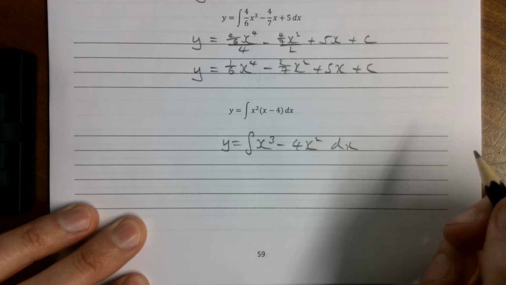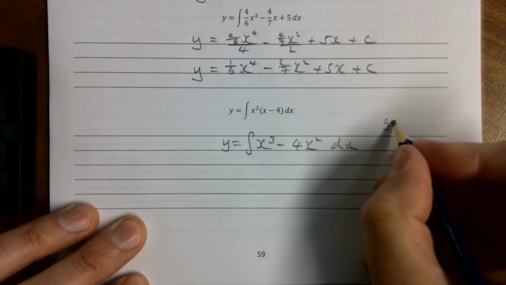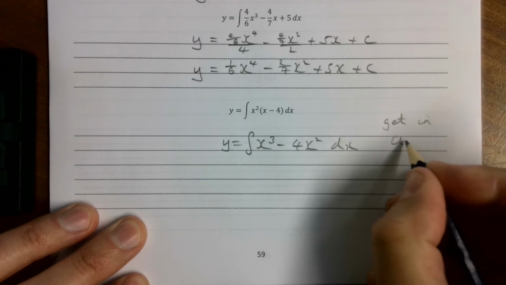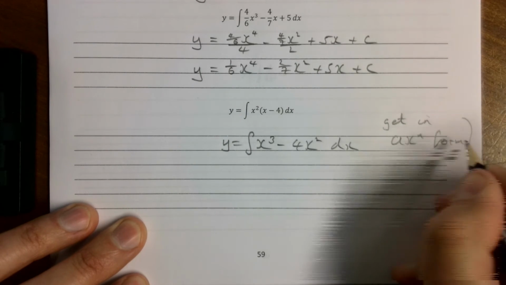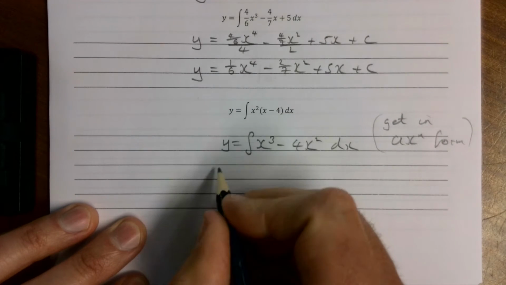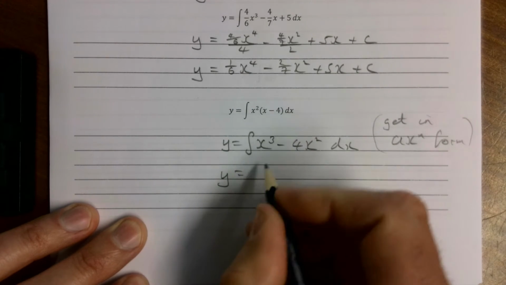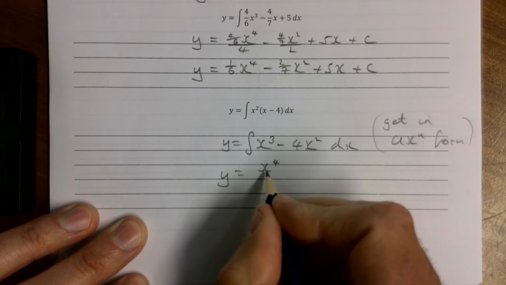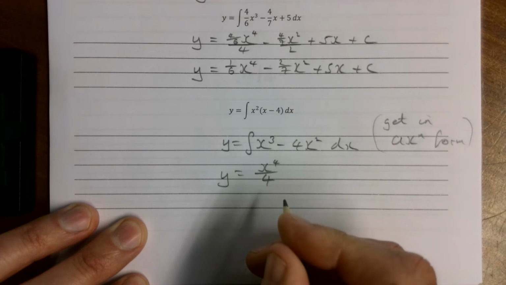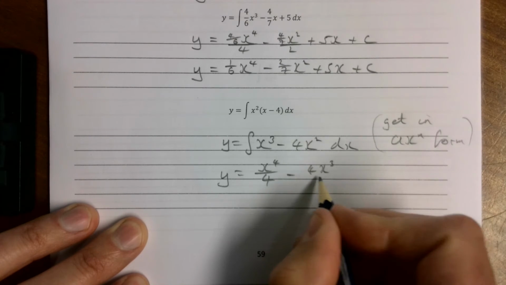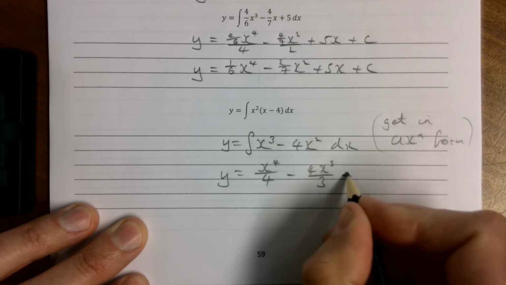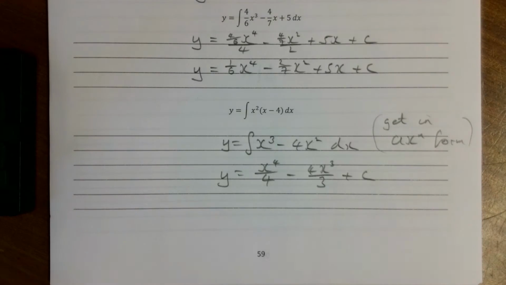We can now, so you might want to write over here, get in ax to the power of n form. Integrating then, add 1 to the power, divide by the new power. 4x, add 1 to the power, divide by the new power, plus c.